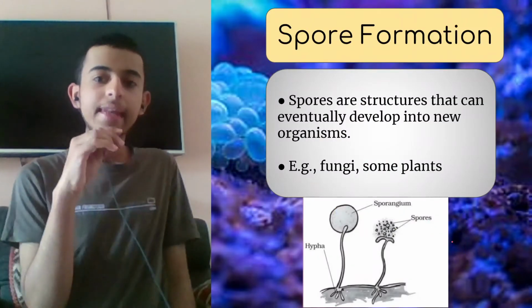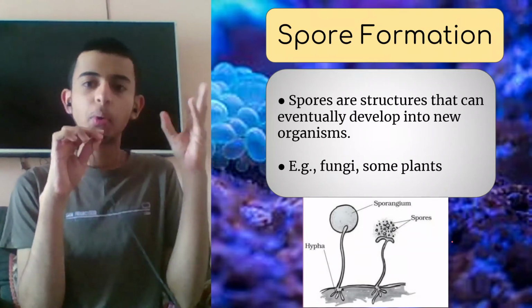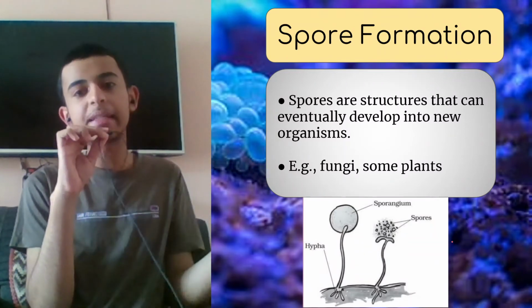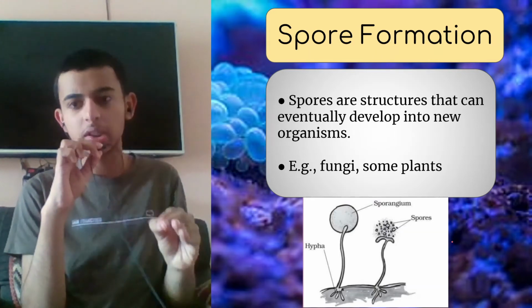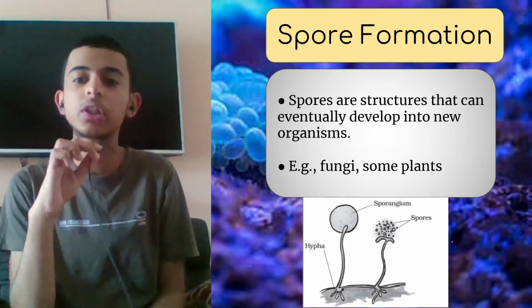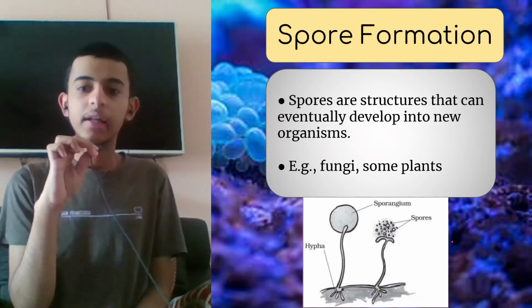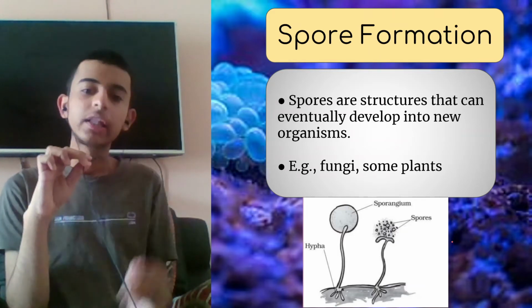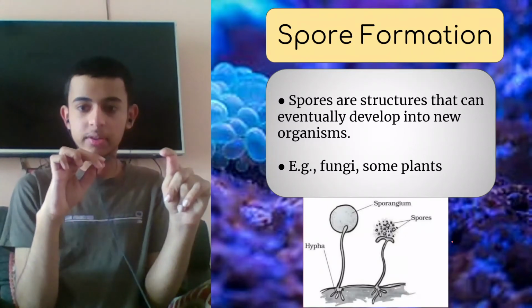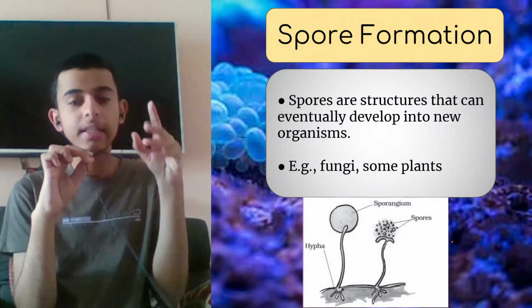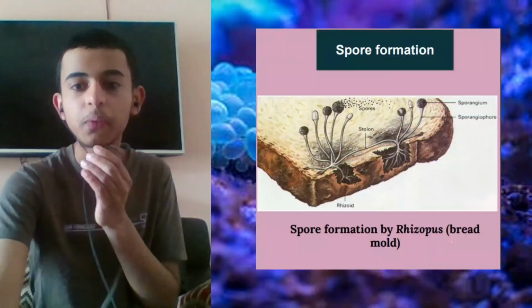Right? Next is spore formation. Now, spore formation, with the name itself, it talks about spores. Spores are structures that can eventually develop into new organisms, like fungi and some plants. These spores divide to form new organisms.